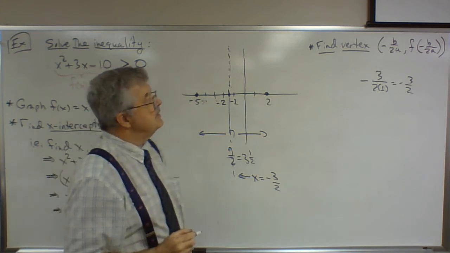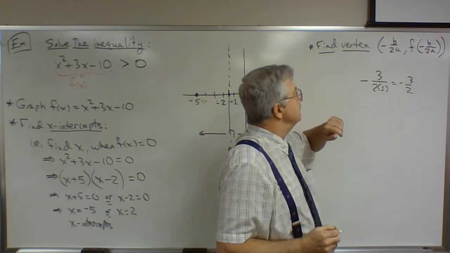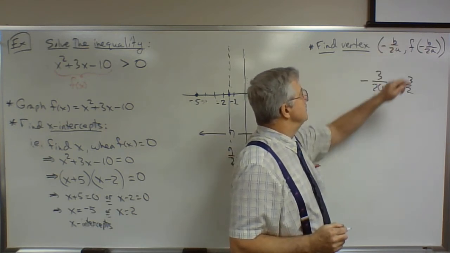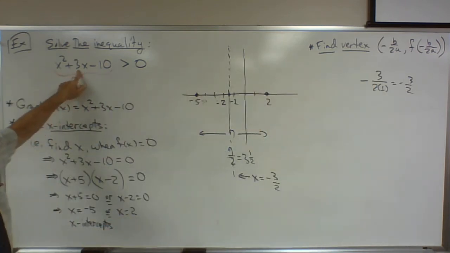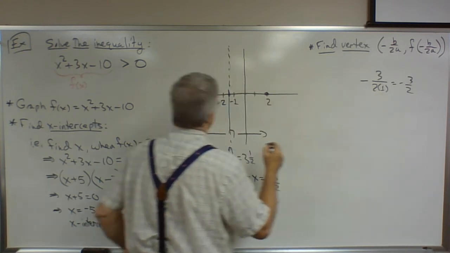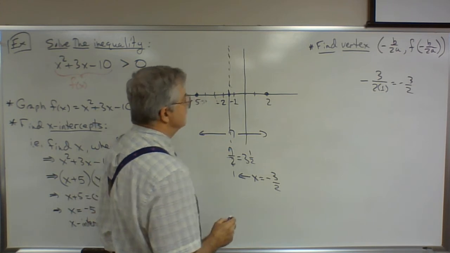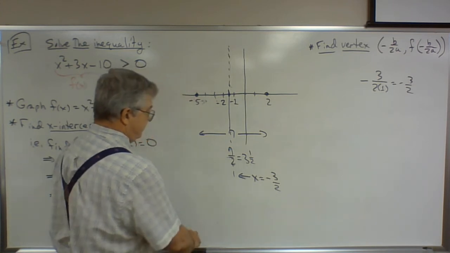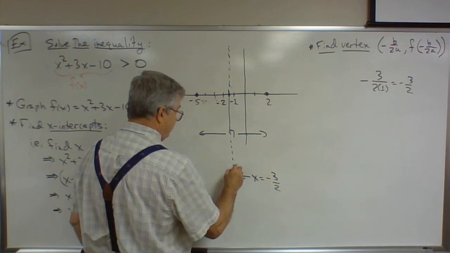And that's got to be the x-coordinate of the vertex. But we could also do it this way, negative b over 2a. B is 3, and a is 1. So again, we get x equal negative 3 halves. That's our axis of symmetry.